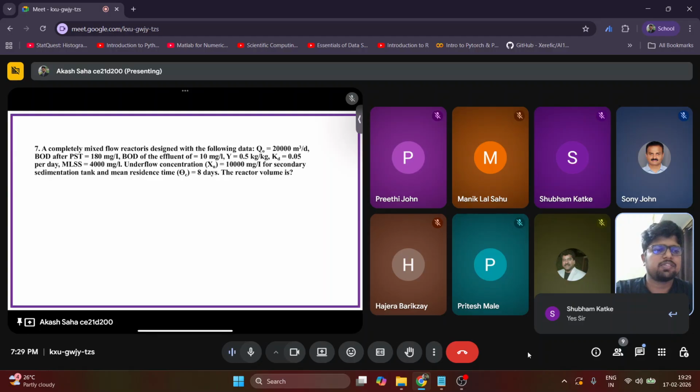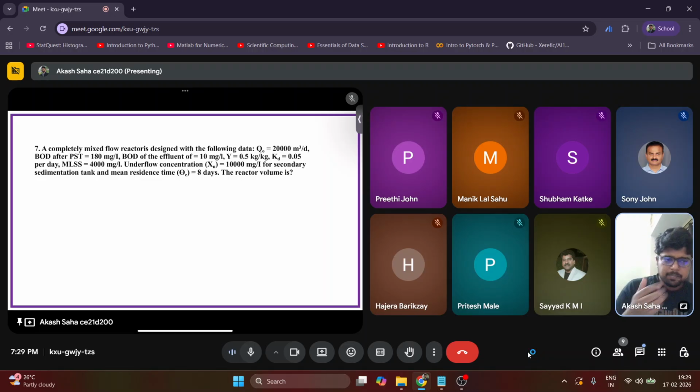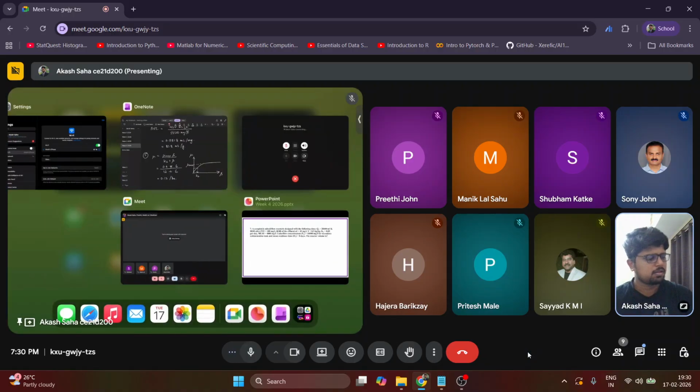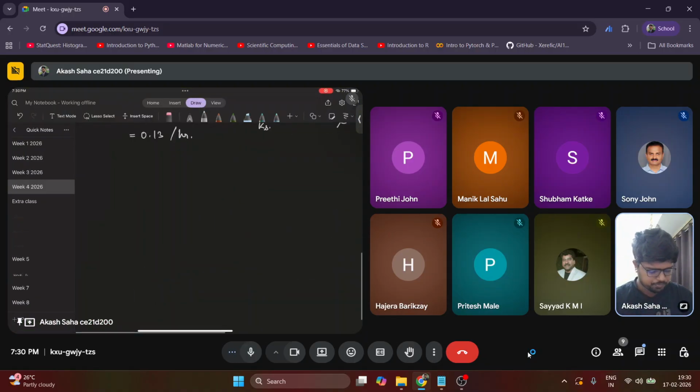So is anyone solving this problem? Or else we will just quickly see the concepts of this ASP. Okay, like how it is derived and what are the major variables or constants that we have to focus on. Okay, so let's keep this question aside for some time. I will come back to this again.